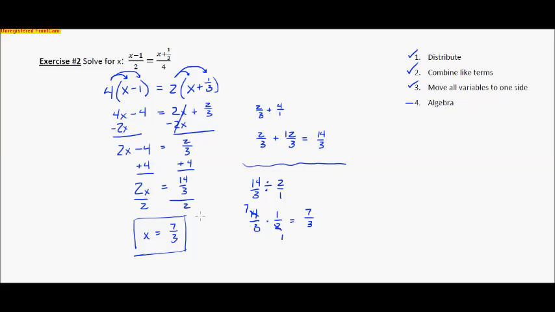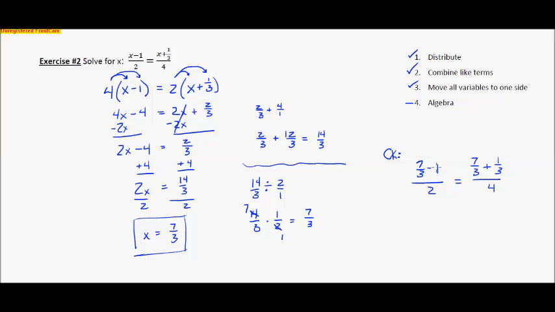Alright, and if I want to, I can do a check. I come over here and I just plug in 7 over 3 every place I see an x. I'm not going to write the original over here. You might say, oh, that's going to be really hard because I have to cross multiply.